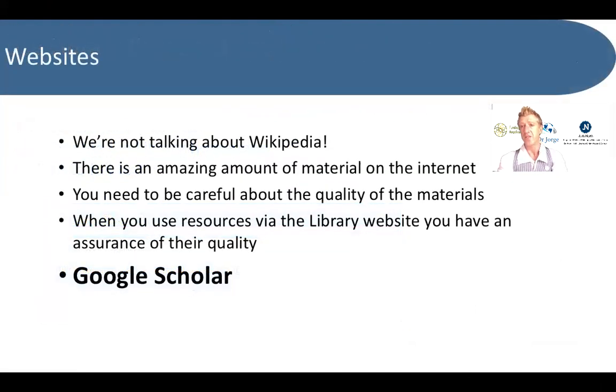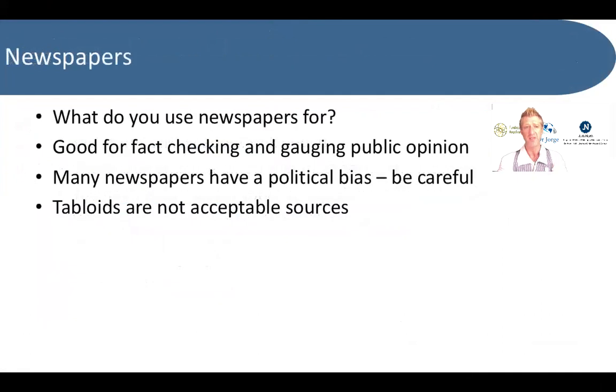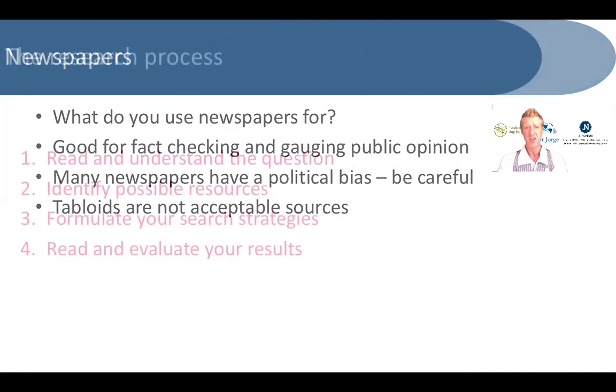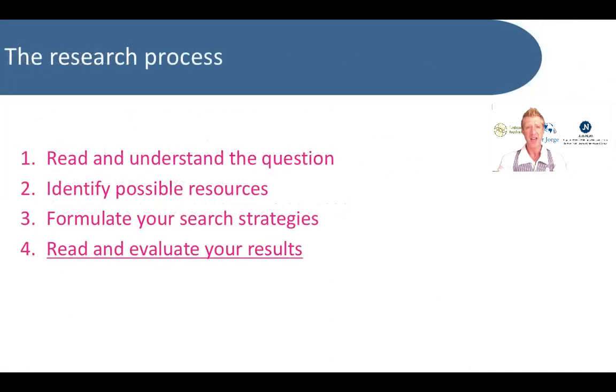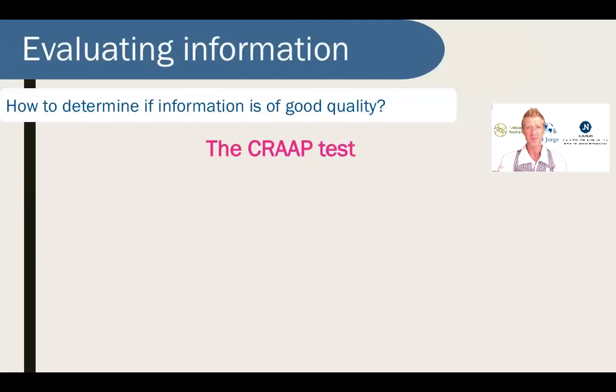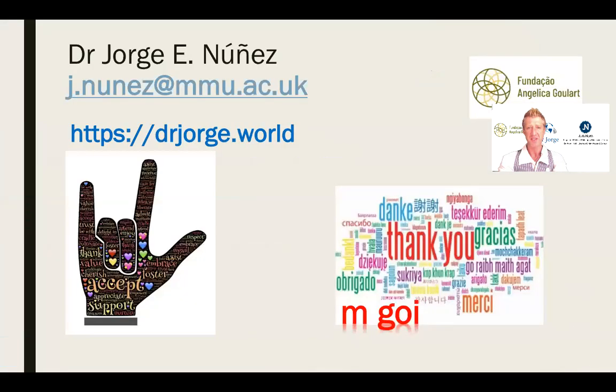Google Scholar, to me, is the most accessible and easiest of the tools you will find. Try to avoid, once again, newspaper articles or tabloids, unless you want to refer to very current information like statistics. Yes, I think you can cover this. What I wanted to do today is to cover online research sources of a certain quality.